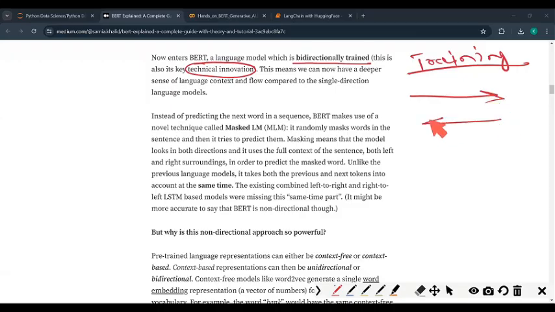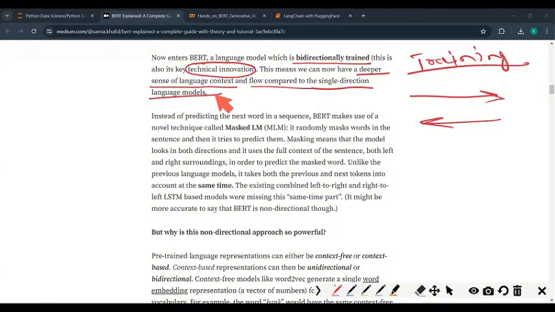It is learning in both directions at the same time, going from left to right and right to left. In this way, it can have a deeper sense of language context and flow compared to a single directional language model.